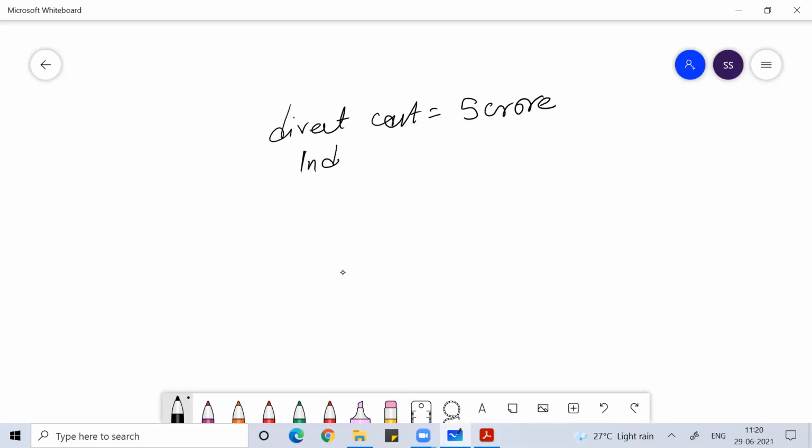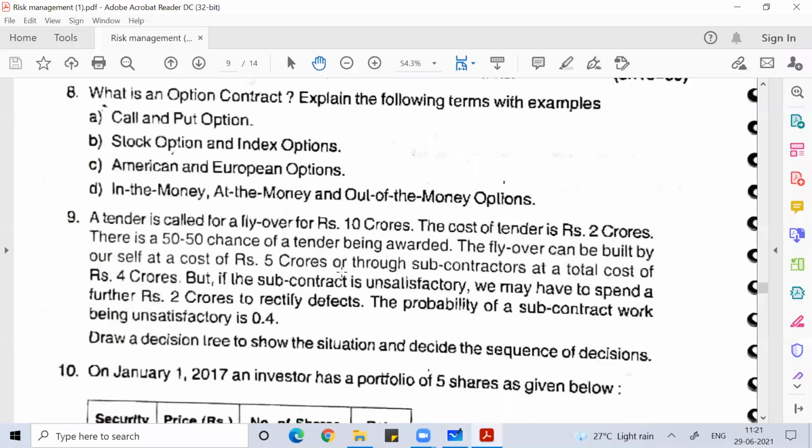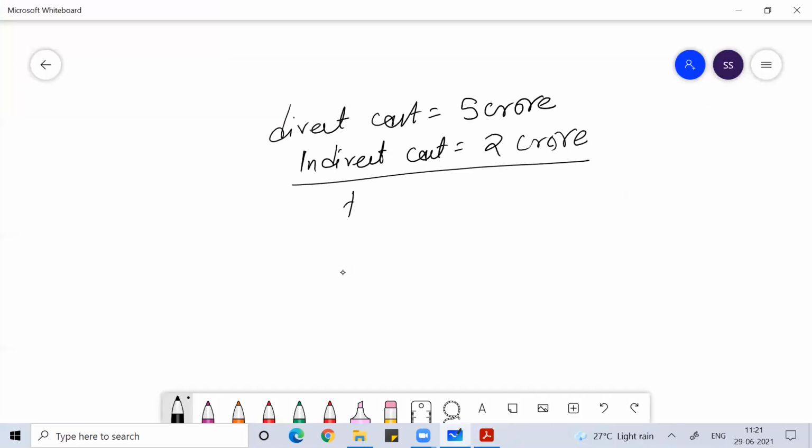I need to put in an indirect cost of 2 crore, the cost to get the contract. Any other cost? Fine. So the total cost is 7 crore.